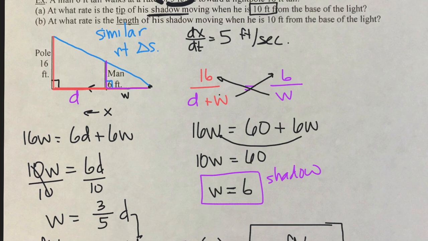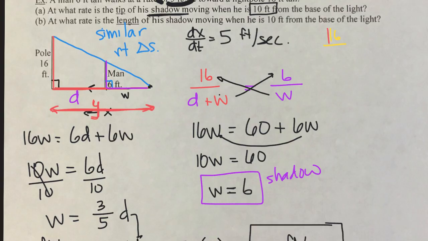Let's think about this for a second. We're going to use another set of similar triangles. We're looking at the tip of the shadow, this whole distance here. That whole distance is representing the tip of his shadow. So let's call that y, just to throw in another letter here, just for fun.